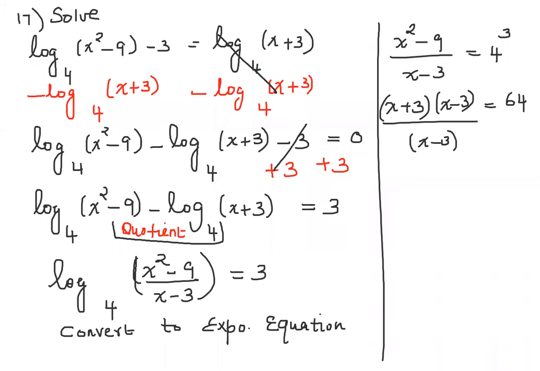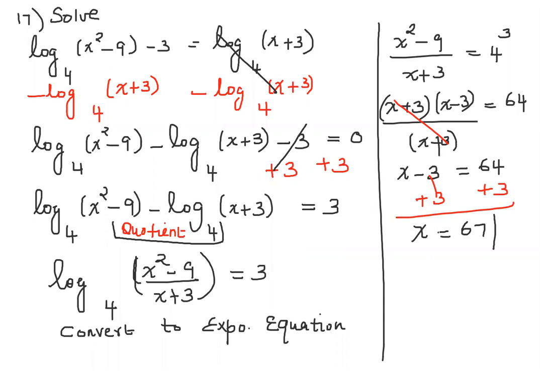So it's plus 3 with plus 3. I'm sorry. So you can cancel these two. So we get x minus 3 equal to 64 and add 3 both sides. So we get x equals 67. So the answer is x equals 67.